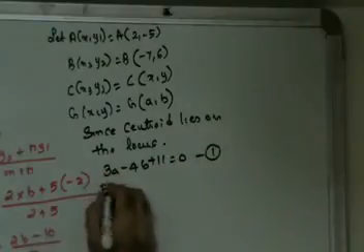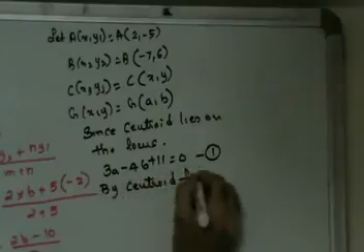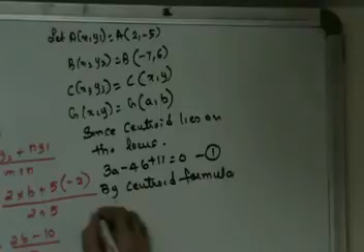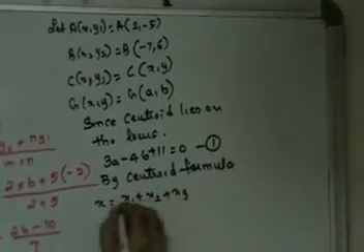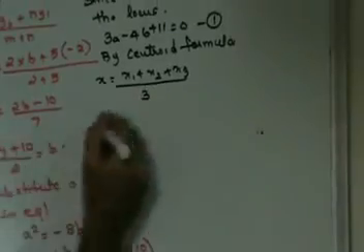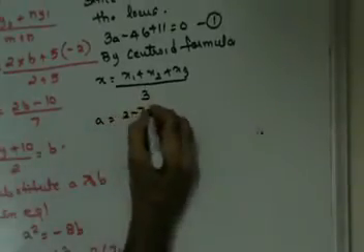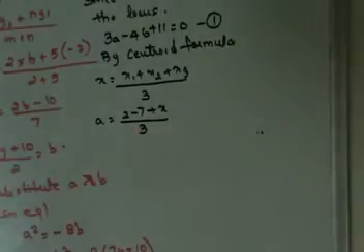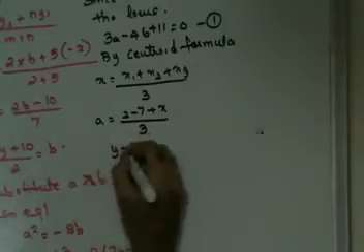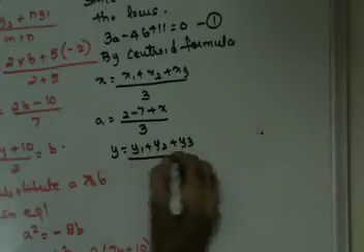Now I can apply the centroid formula. If I apply the centroid formula, I can say x is equal to (x1 plus x2 plus x3) upon 3. a is (2 minus 7 plus x) upon 3. Let's leave that as it is. Next, similarly I can say y is equal to (y1 plus y2 plus y3) upon 3.